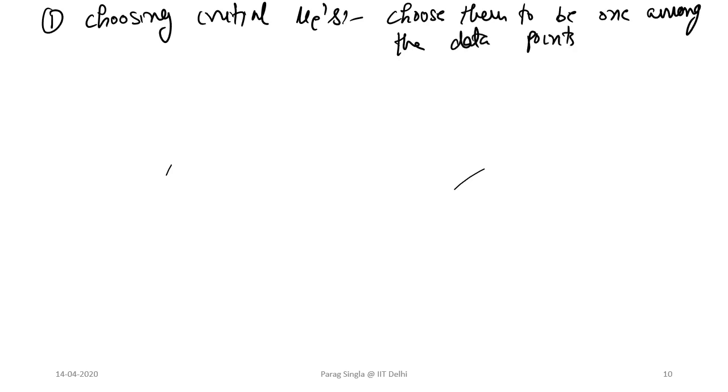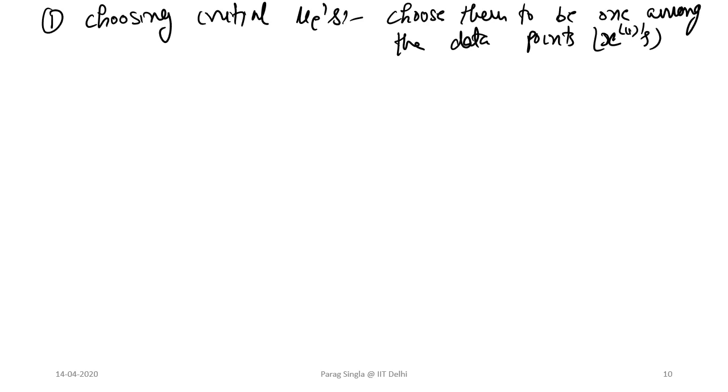This is really important because that gives us some grounding in the data. If you choose them arbitrarily in the R^n space, then the algorithm may have a very difficult time converging. Think about more why that may be an issue. But from a practical standpoint, it is very important that the initial centroids are chosen, you can choose them randomly, but it is important to choose them to be one of the points which are actually in your data.